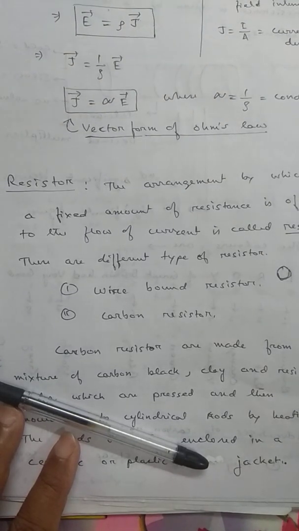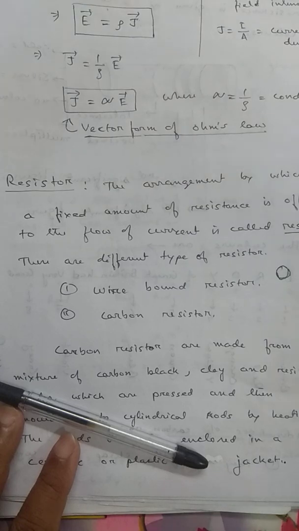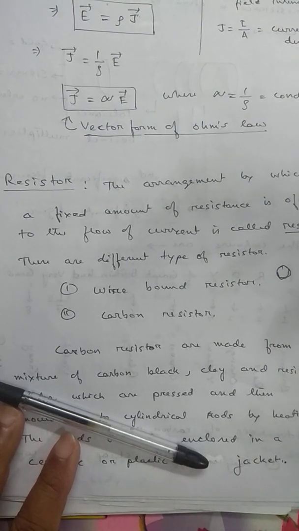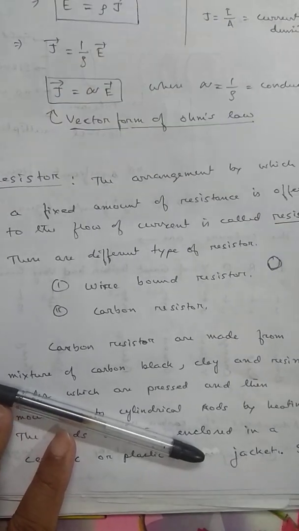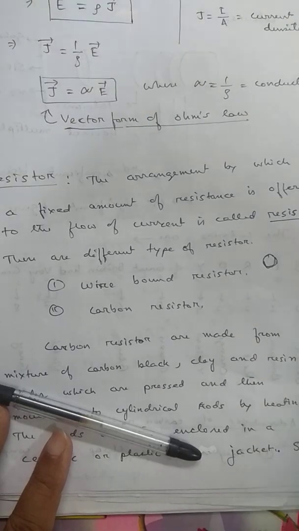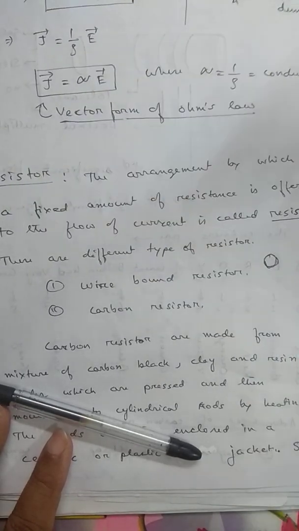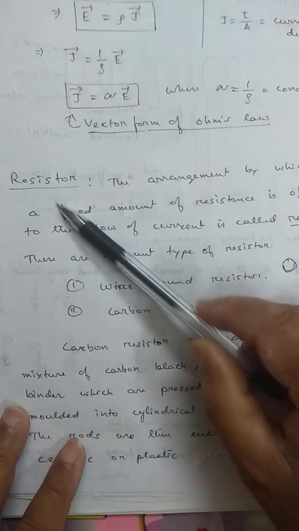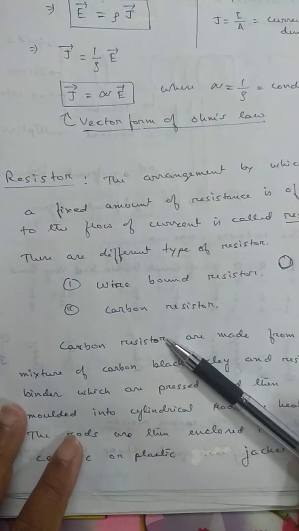Therefore, mechanically we make a certain arrangement, and this arrangement offers a certain definite amount of resistance to the flow of current, and these mechanical arrangements are called resistors.